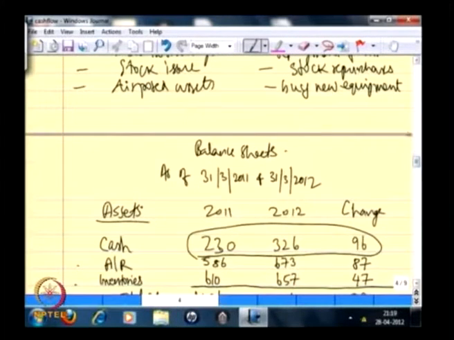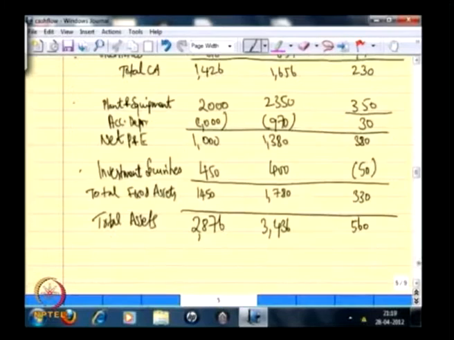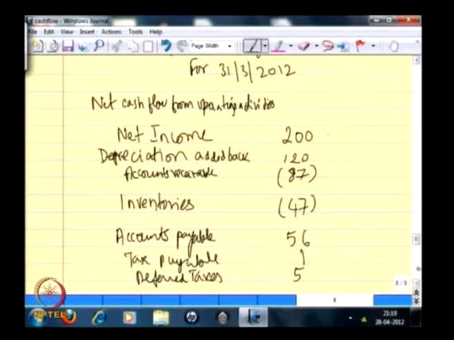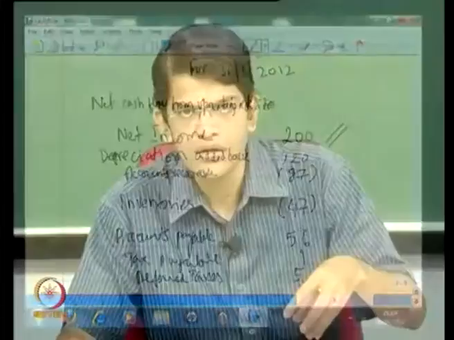When we actually wrote the income statement for the previous year, I am sorry, this year, we started off with the net income of 200. Now, this net income 200 is from the income statement of this particular year, in which this 20,000 has already been recorded as a revenue activity in the total sales revenue that we recorded in the income statement.